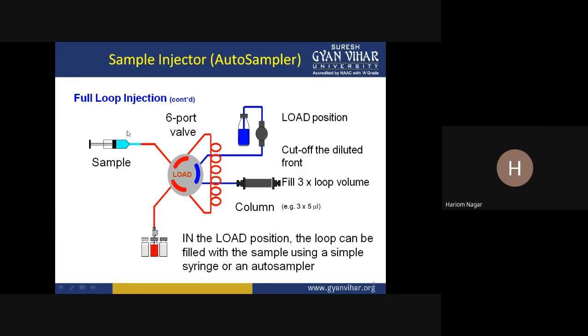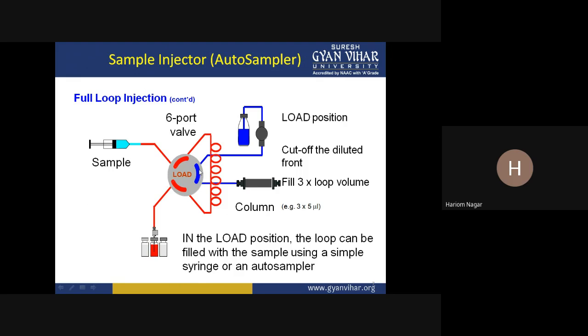Okay, so here this is the loop. This is the injection loop, that is what it is called. This loop has a six-port valve. Okay, this is the valve, this is the sample injector from this side, and this is the autosampler. Here are six ports actually, and this is the load position.